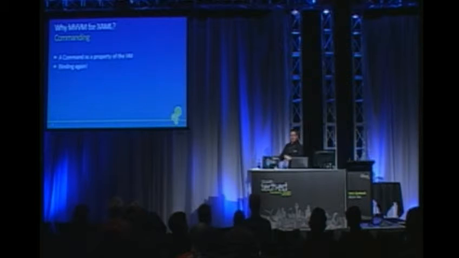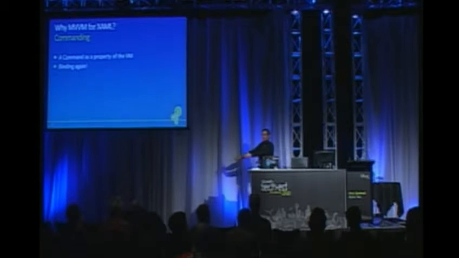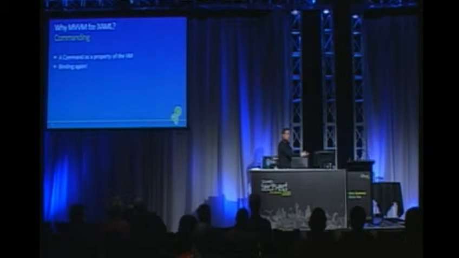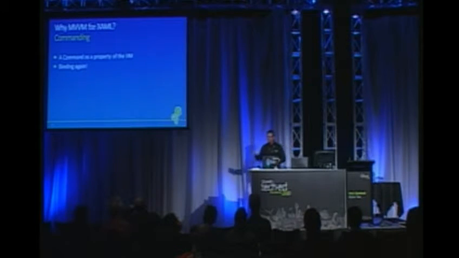So how would I then take that view and pass it off to a beret wearer and say, go make this beautiful? Because there's a strong dependency on the logic and the business rules, and I'm still working on that, and that could change. So with commanding, we can expose these as properties, and that allows the view to be completely disconnected from the view model. Now, commanding has hard limits.